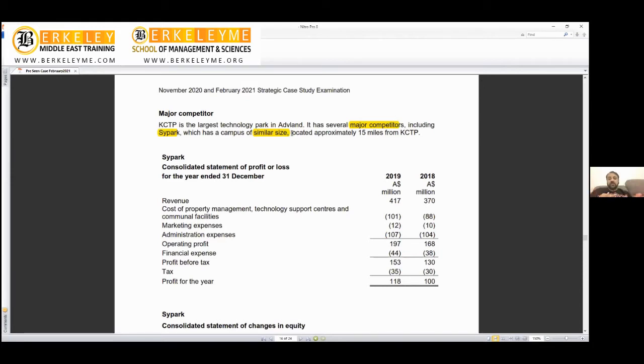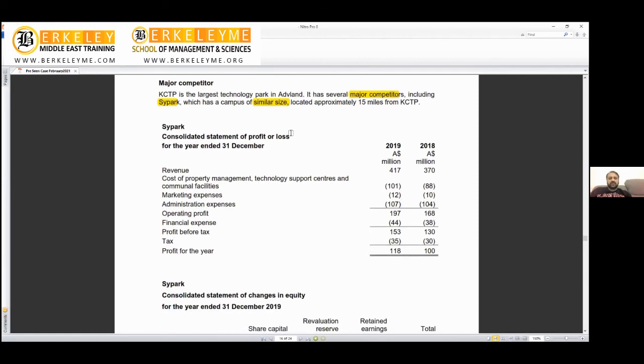Because if it were a smaller size, I can still calculate ratios, do a financial forecast, and financial analysis, but again it should be similar size, so that's really important information. And they are approximately 15 miles from KCTP, and based on the infrastructure, 15 miles can be easily covered in 25 minutes.